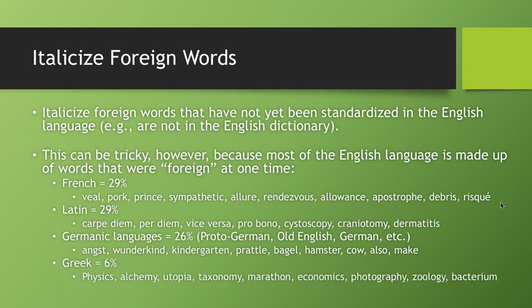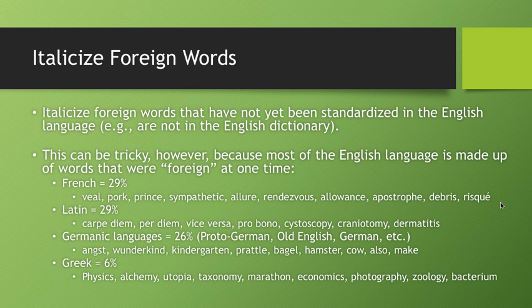And the other biggest category would be Greek, which makes up 6% and is responsible for a lot of our science words like physics, alchemy, taxonomy, economics, any of the ologies, zoology, biology, photography, bacterium, utopia, etc.